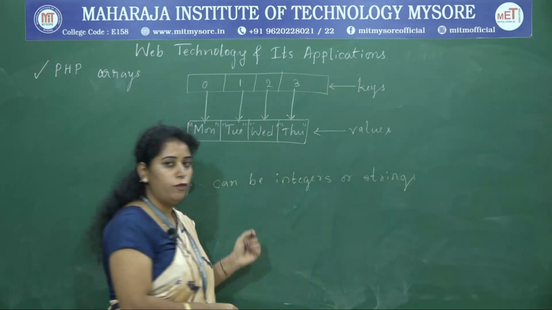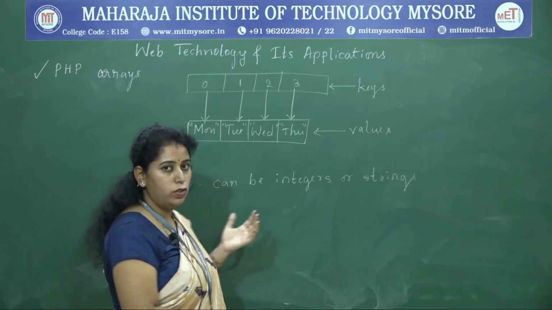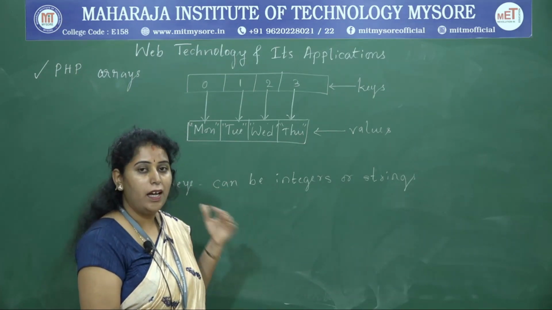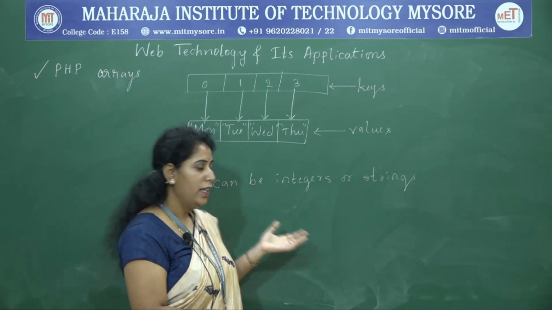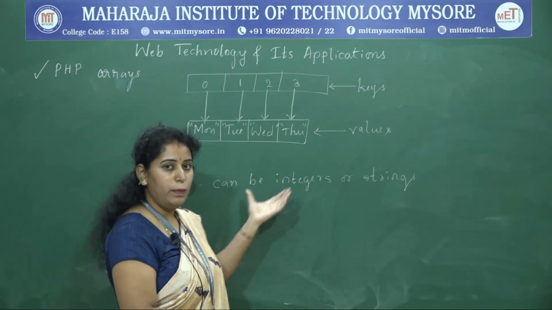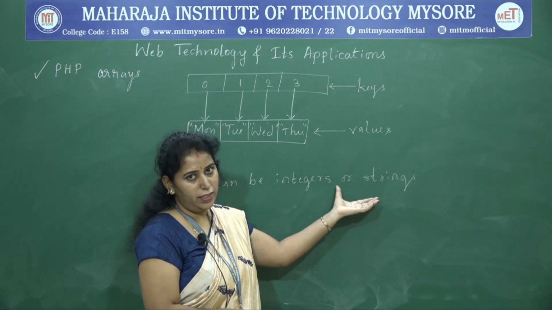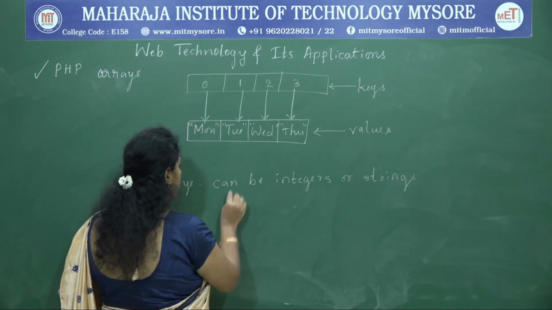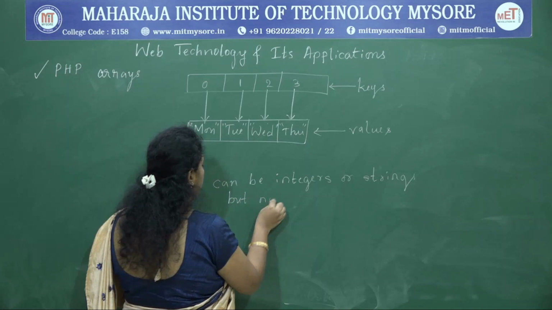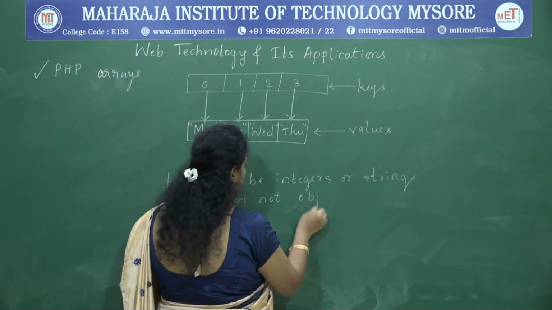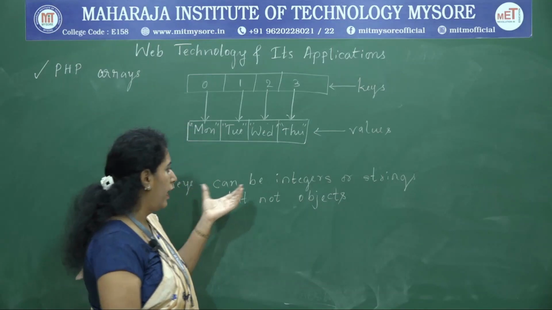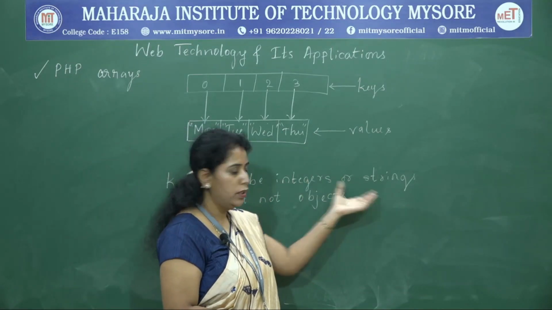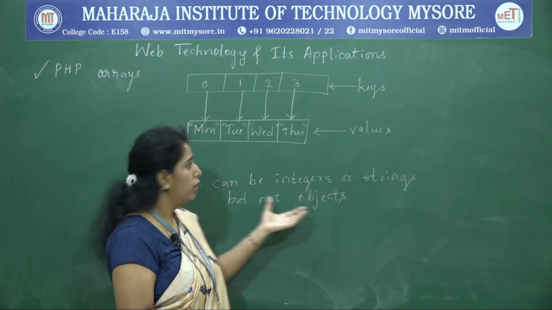I think now you will get to know how actually PHP arrays are different from arrays in other programming languages, since array keys can be integers or strings but not objects. You have to be clear with this concept. An array key can be integers or strings but not objects.